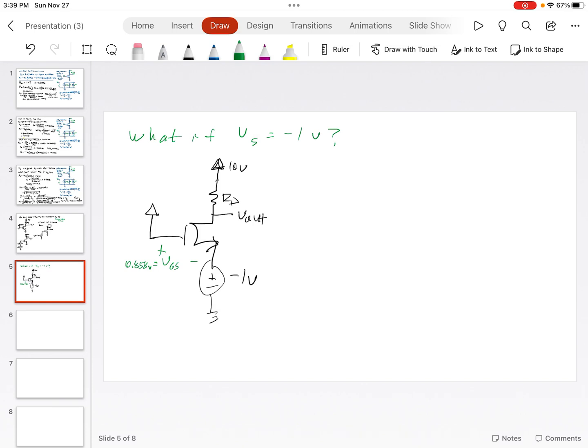And we've got minus 1 here, and that's a DC voltage. Let me do it. 0.858 minus 1, 0.142.